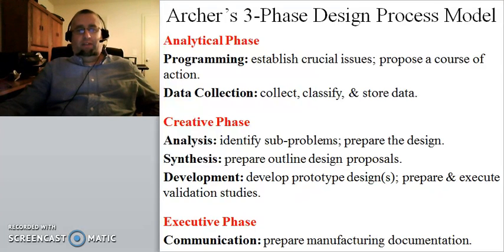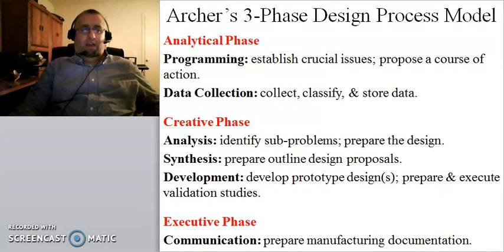And then the development of prototypes and the testing of prototypes to validate your thinking when you did the down selection and the quantitative analysis that was in the previous stages of the creative phase. You've got a working prototype now just to make sure that you were right in your analysis. And then finally the executive phase, which has one stage which is just communication, and that's preparation of the manufacturing documentation.